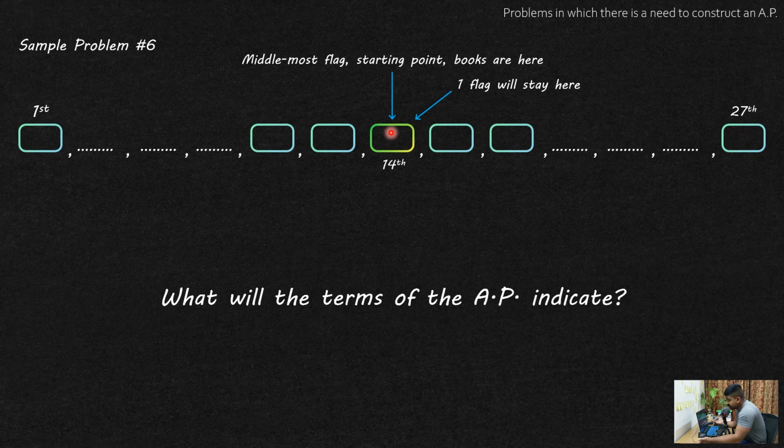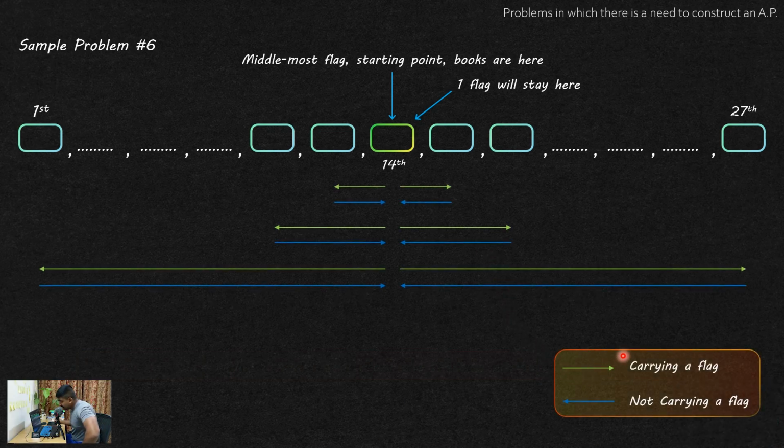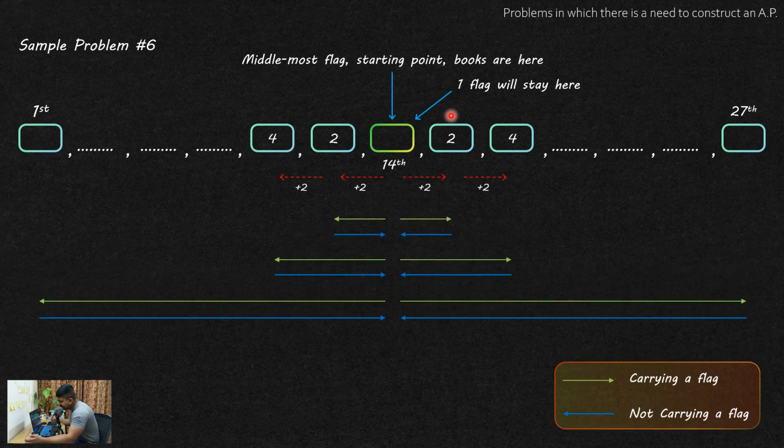Now, what will the terms of this AP indicate? They indicate the distance travelled while carrying a flag from the starting point to a particular position. Now this green arrow indicates the path when she is carrying a flag, and this blue arrow indicates the path where she is not carrying a flag. Now we can simply fill these boxes.